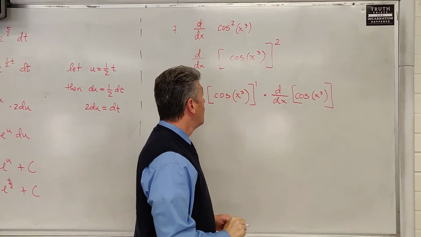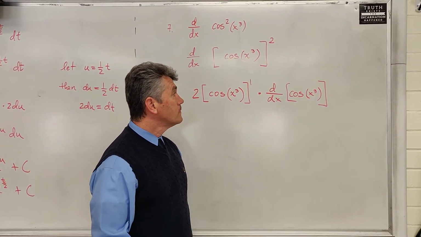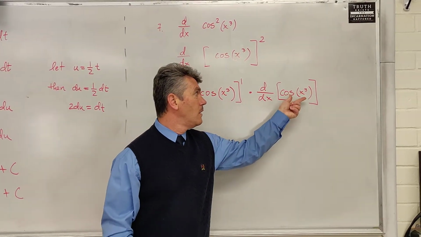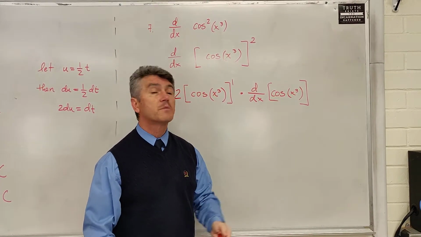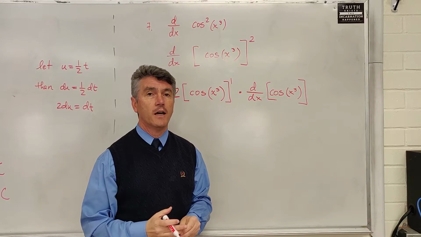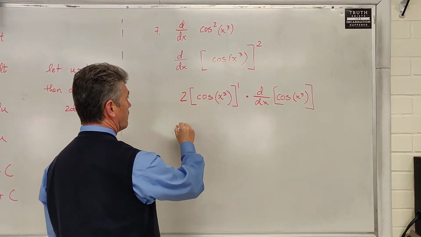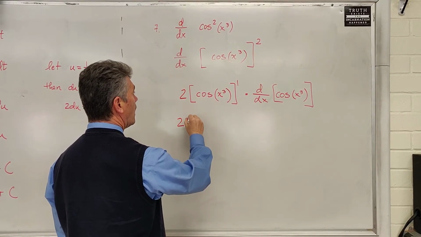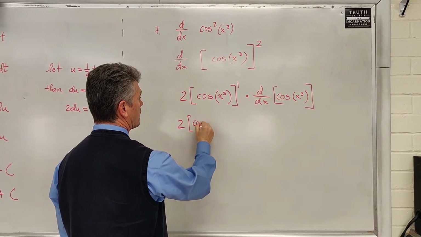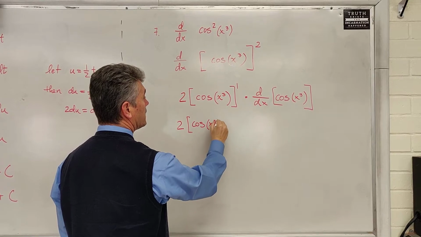We continue. Cosine of x cubed is also a composite function. Now you have to use the chain rule again. So you have 2 times cosine of x cubed.